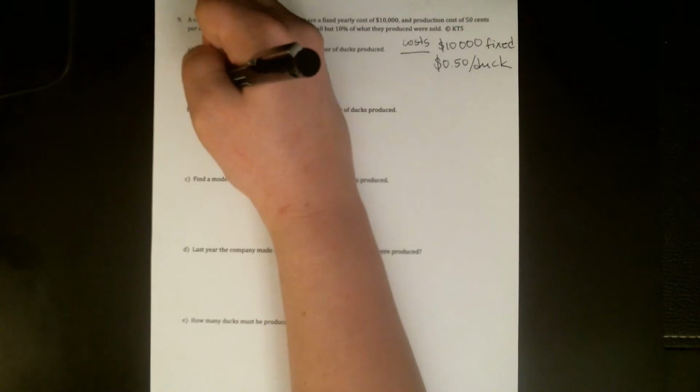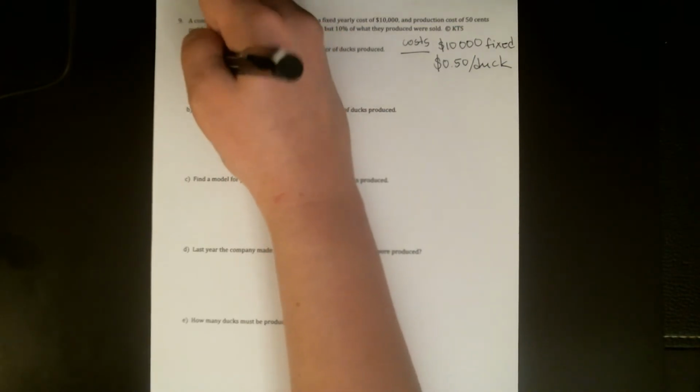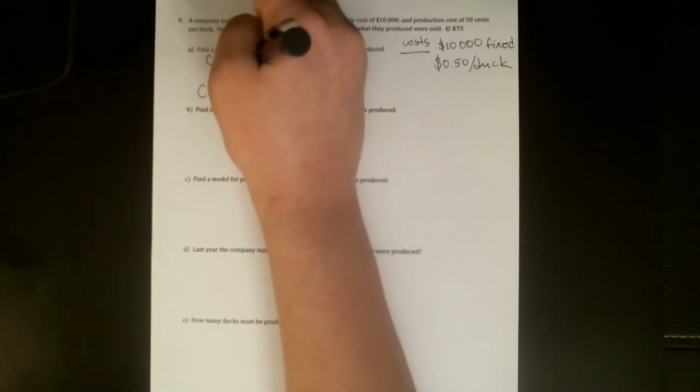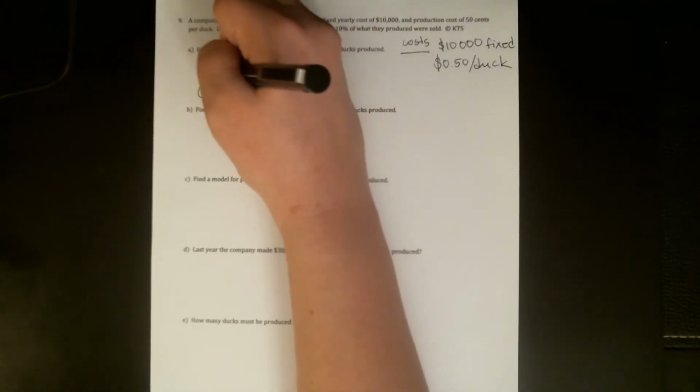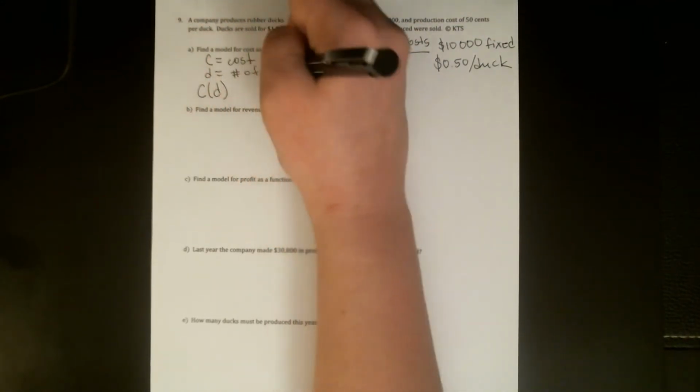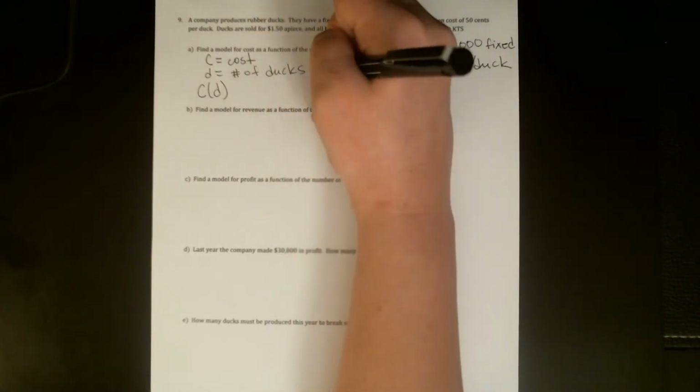Okay, so to find the cost, again, you can go back to a slope-intercept type thinking, but really I think we should just be able to intuitively pick it out of this. If we have $10,000 in fixed costs and then we pay 50 cents per duck to produce the ducks, then our cost, let's go ahead and define some of these variables as well. Let's say C is the cost, and D is the number of ducks produced.